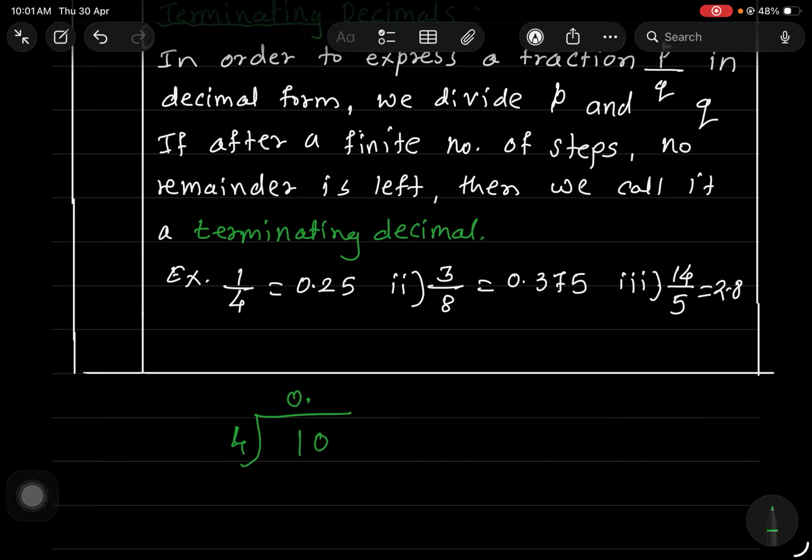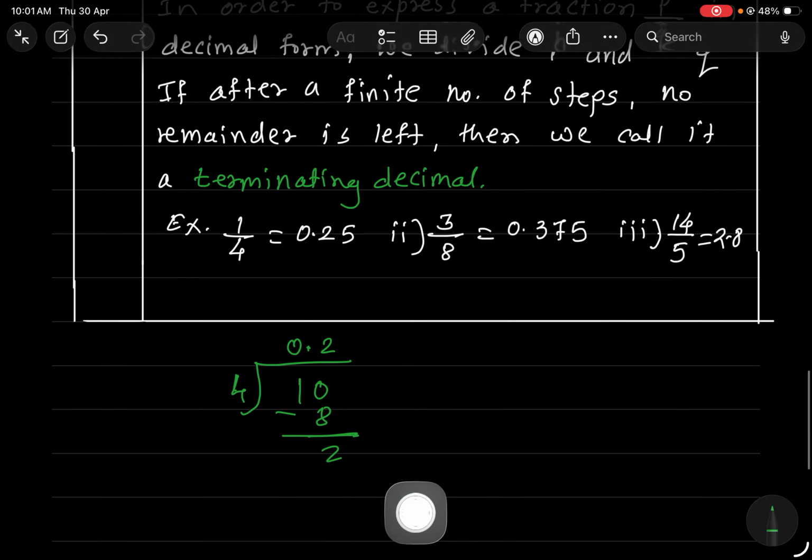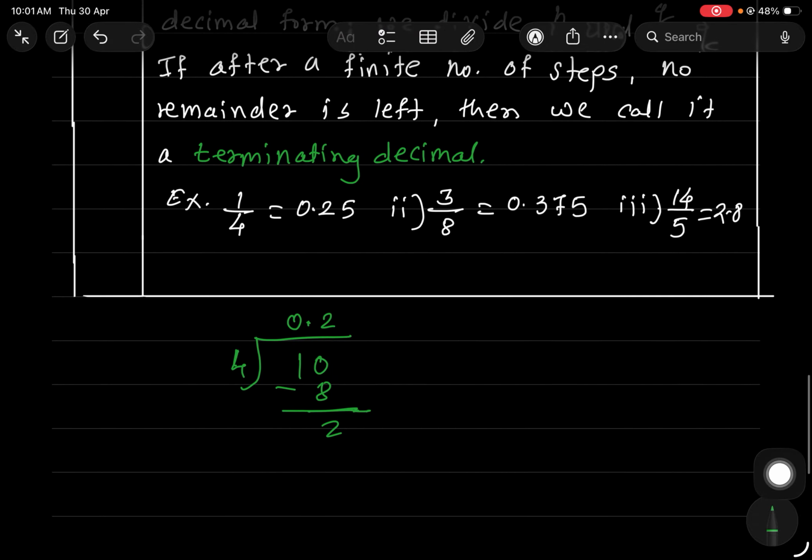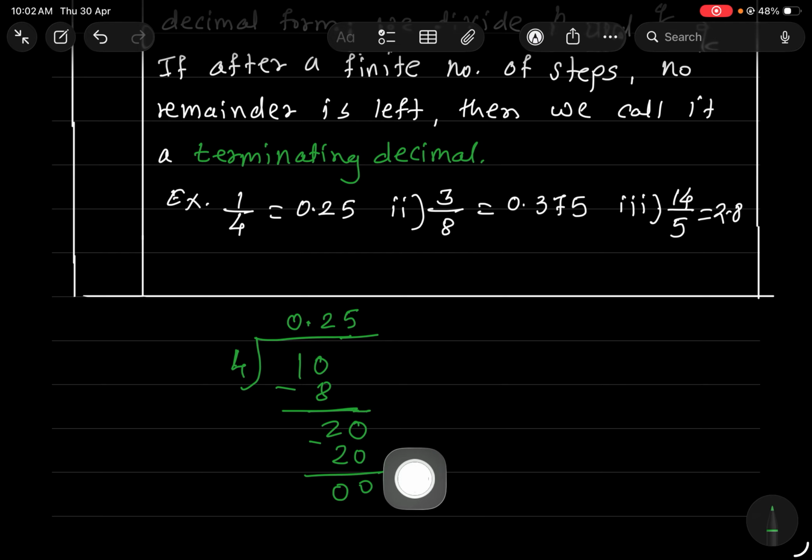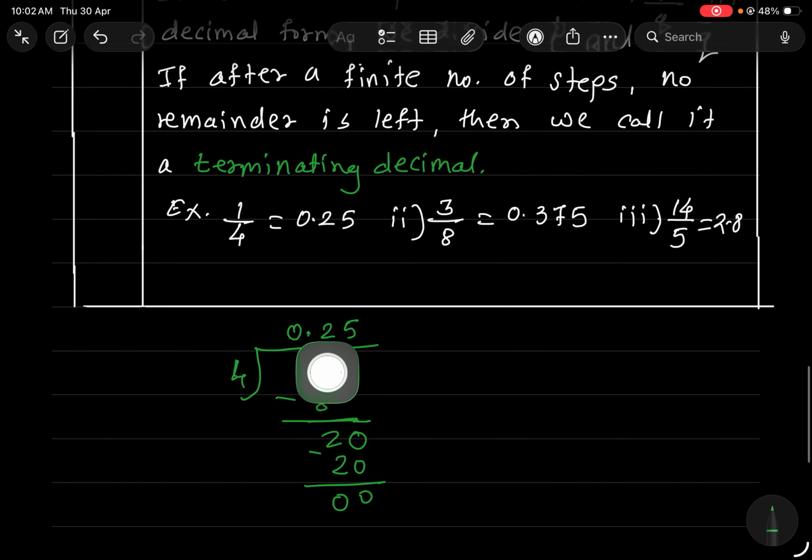Then 4 2s are 8, so subtraction gives 2. Again the remainder is left, so again we divide. We give 0, then 4 5s are 20. Now the remainder is 0, so it is terminating, and you got 0.25.